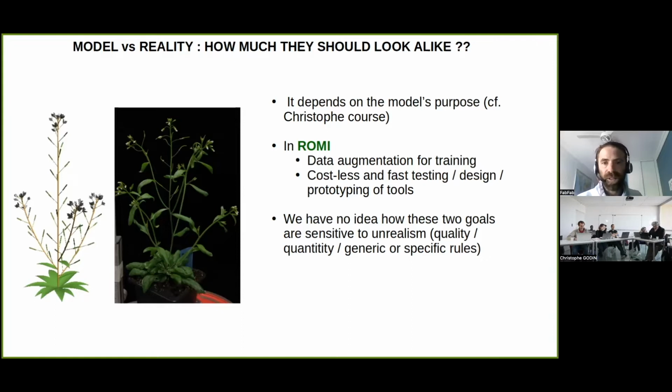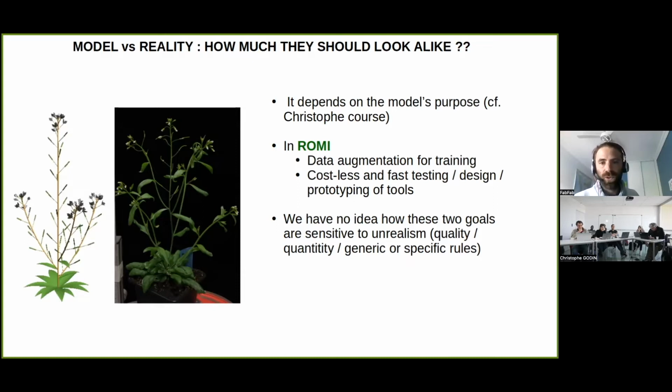So the first is a bit what Christophe also presented Monday, is to use virtual plants to make data augmentation and to create virtual datasets that we can use for training deep learning algorithms very efficiently and costlessly.